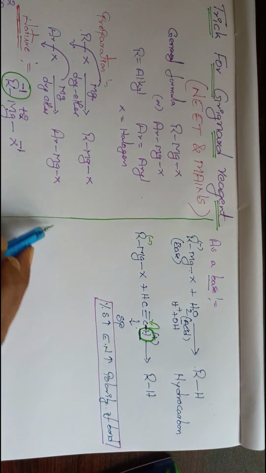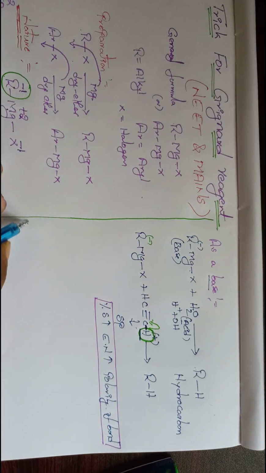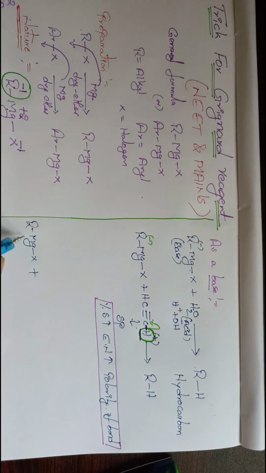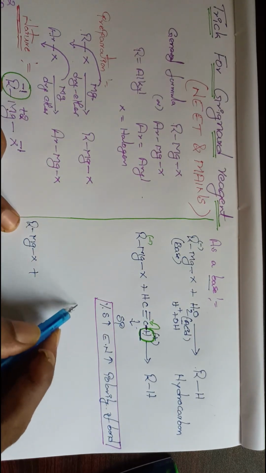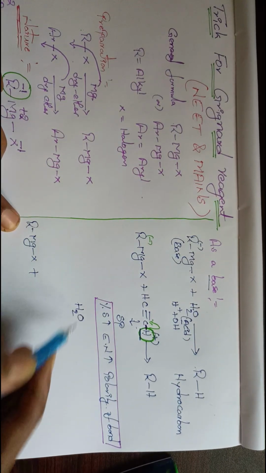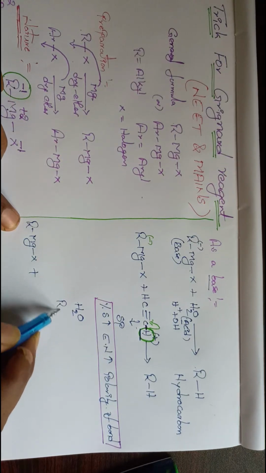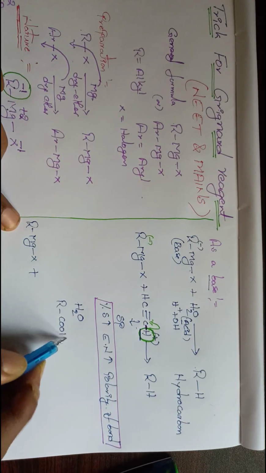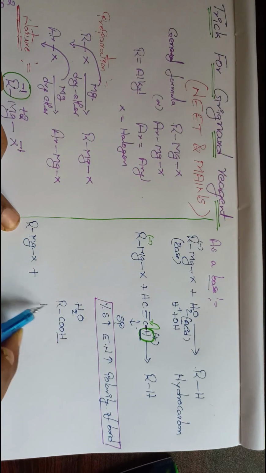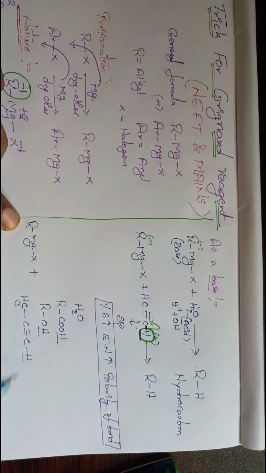Which molecules are possible to release H plus ions? H2O, carboxylic acids, alcohols, terminal alkynes, not internal alkynes, and amines release H plus ions.